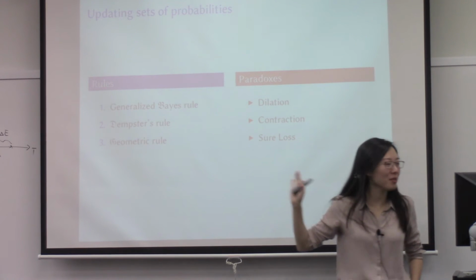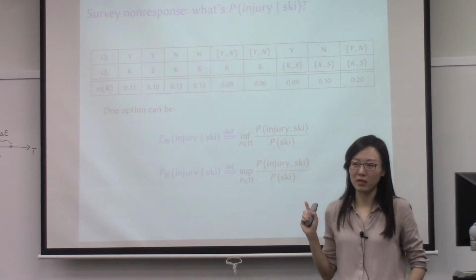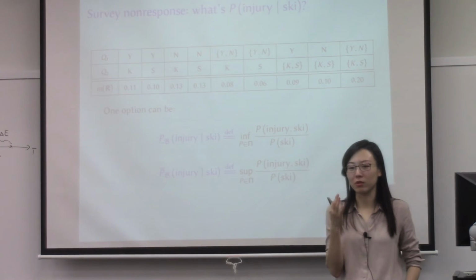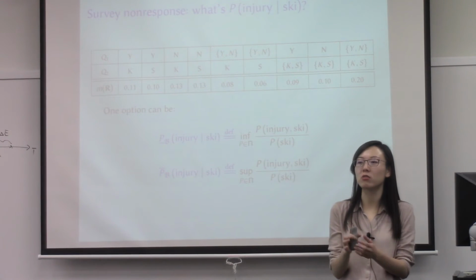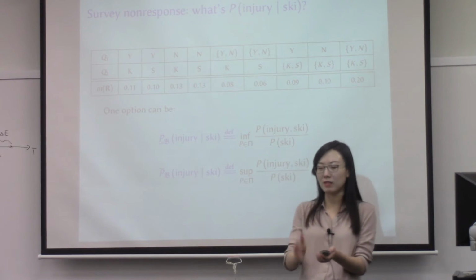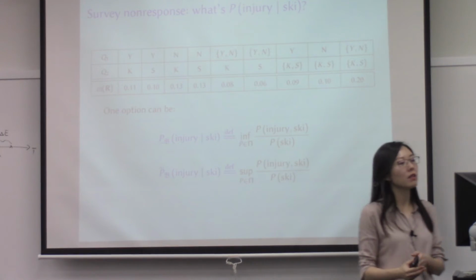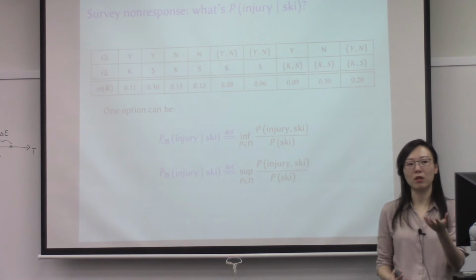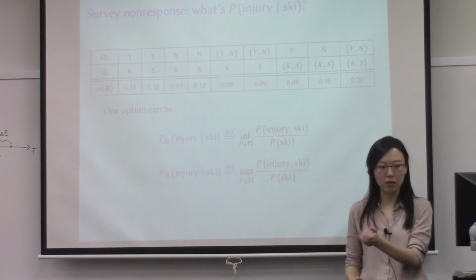So basically, let me show you what I mean by that. Going back to this injury example, we worked out just now the lower and upper probability for injury, which you can consider as marginal information or something that's in the prior, that is, before we see the skier and snowboarder data. What ought to be your belief, right? Either way you like to think of it. Now, I wanted to ask about the conditional probability of injury given that you're a skier or a snowboarder, one or the other.